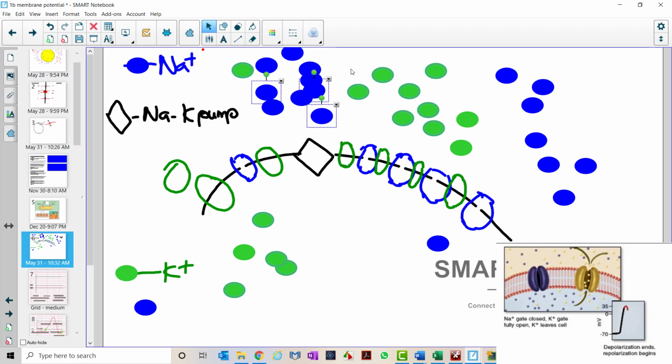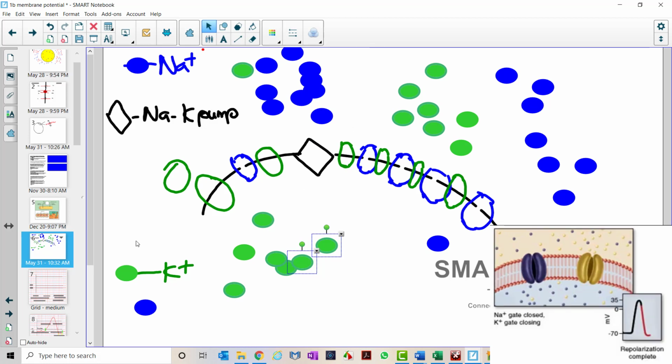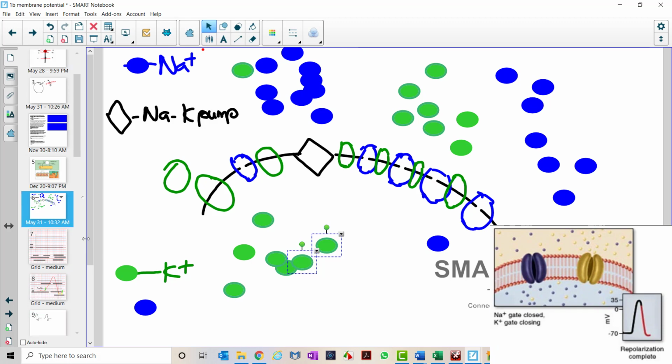So in this whole event of depolarization, repolarization, hyperpolarization, the sodium-potassium pump never shut down. It was always working. It's just not as fast as these channels. But eventually, when these guys all close, then the sodium-potassium pump will reestablish the membrane potential. That is how the membrane of a neuron works.